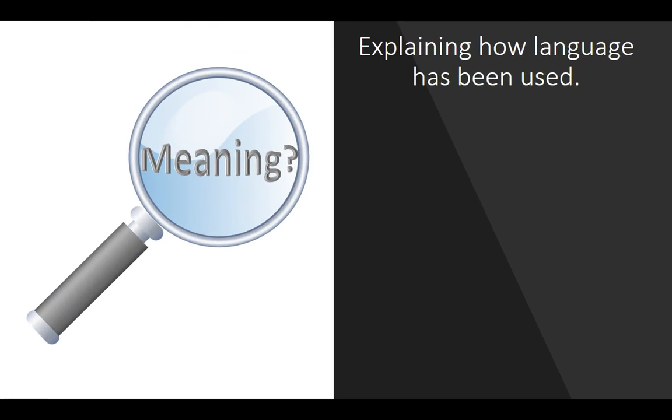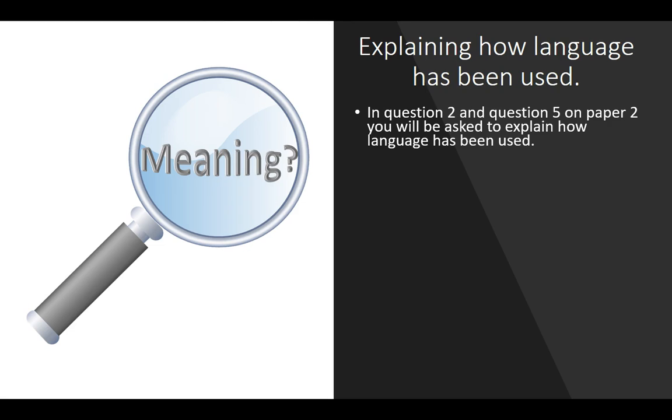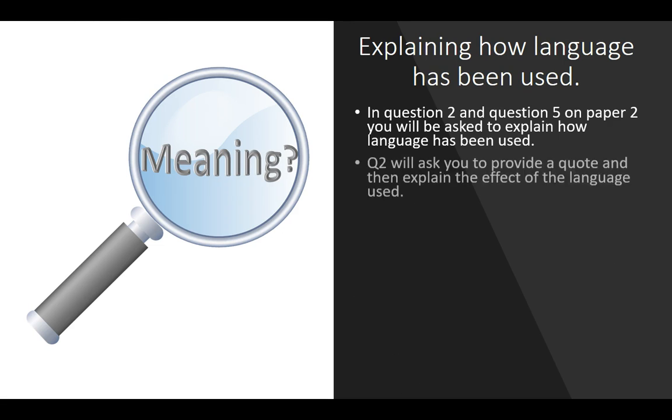In terms of the questions on the Edexcel paper, we need to think about how to explain how language has been used, and this applies to paper 2 particularly, but obviously in the higher tariff questions where you're analysing and you're evaluating, you're also going to need to do this in response to those questions too. So on paper 2, questions 2 and 5 are going to ask you to explain how language has been used.